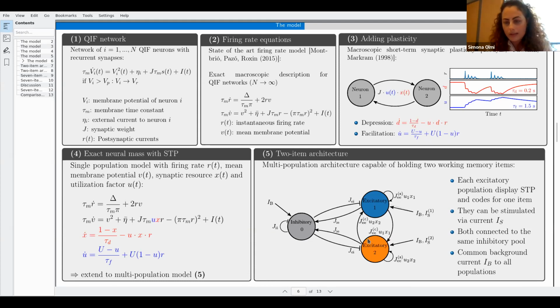In particular, each excitatory population displays short-term plasticity and codes for one item, and it can be stimulated by a stimulation current ES, while there is a common background EB that touches all the populations in the network.